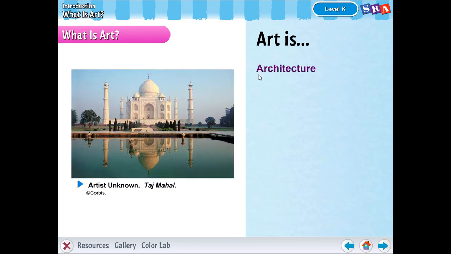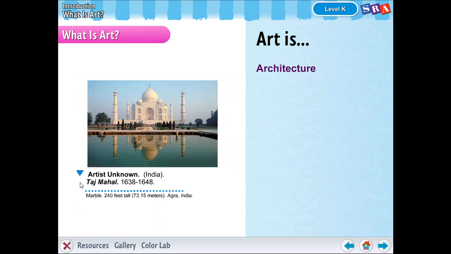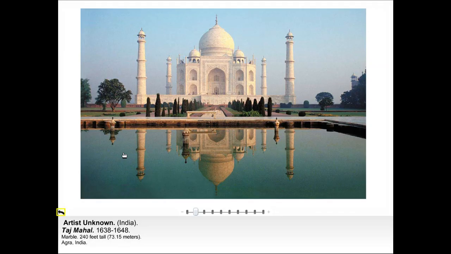Art can also be, here's a big word, architecture. Architecture is just a fancy word for someone who designs houses or buildings. Now, this is a very famous building, and it can be found in India. It is called the Taj Mahal, and it is a very beautiful building.